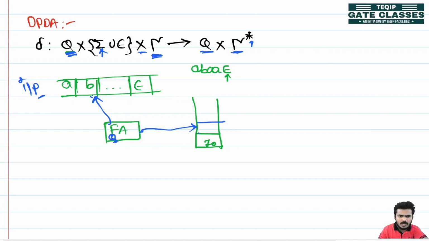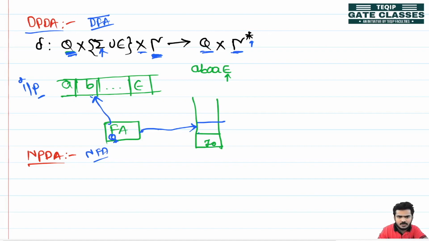Similarly, we have the transition function in terms of NPDA. This transition function will look like DFA, just because it is having the memory, and it will look like NFA, that is non-deterministic finite automata.